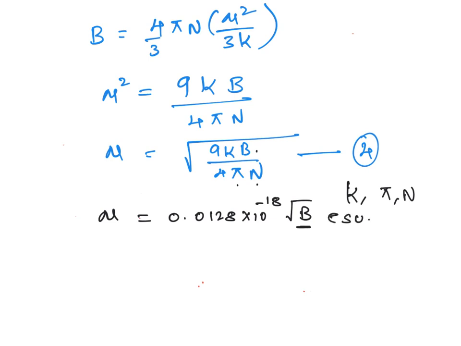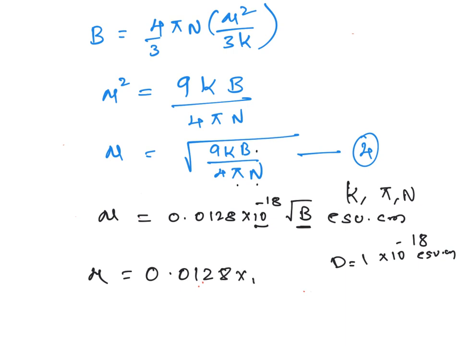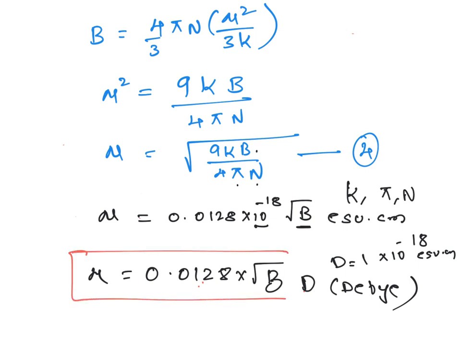The unit is electrostatic units cm, and 1 into 10 power minus 18 ESU cm equals 1 Debye. So I am writing mu equals, in Debye units, 0.128 into root B Debye, and this is the final equation for the temperature variation method.